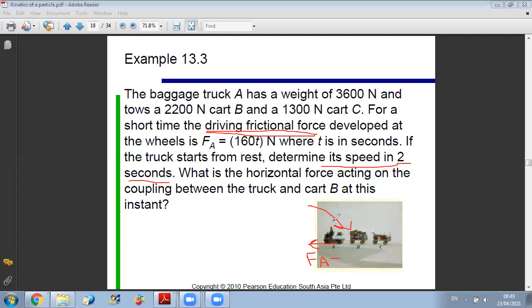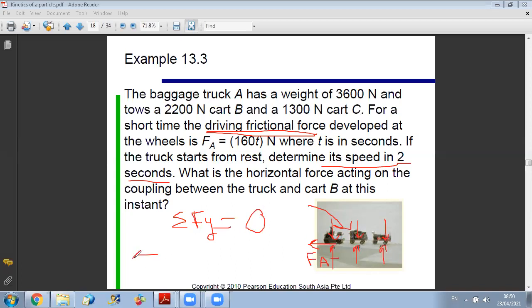The other forces are in Y. So I have the weight of A, the weight of B, the weight of C, and of course, the normal reaction. But all these forces are in Y, so I don't care about them. They will cancel out in Y, since the sum of forces in Y is equal to 0. What is important for me is the equation along x.